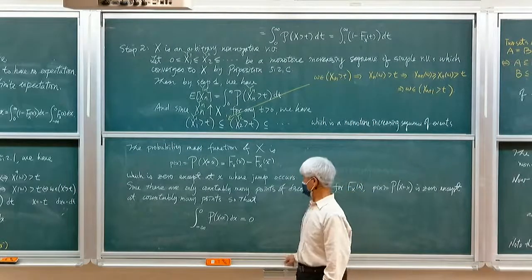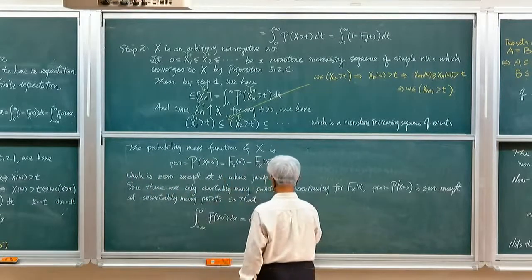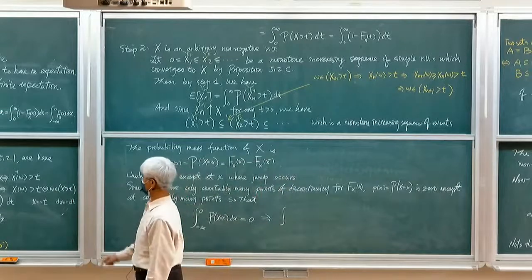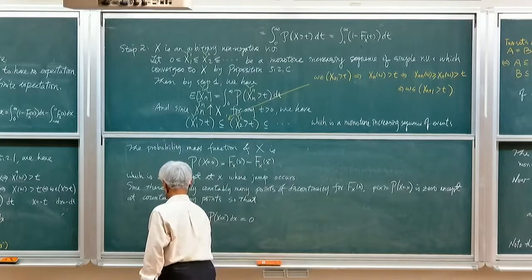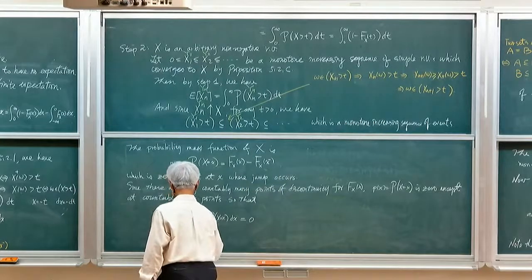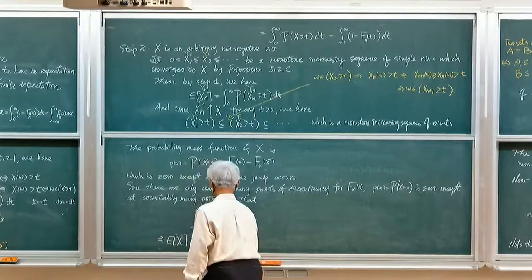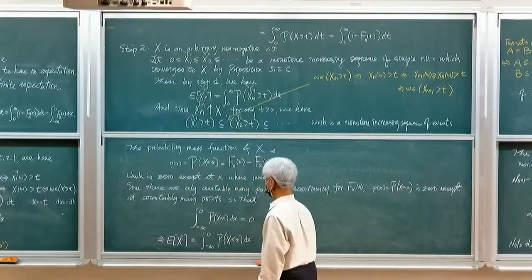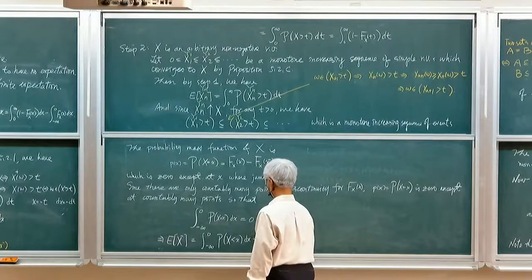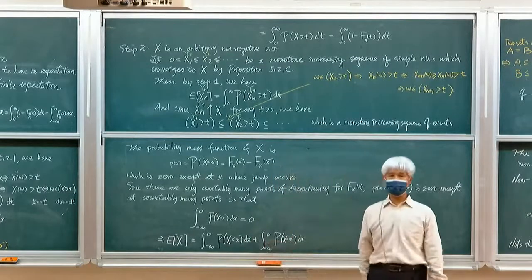So this implies that the expectation of the negative part, which we have just shown to be the integral of probability of X less than little x dx, we can add the integral of probability of X equal to little x dx, because this integral is 0.